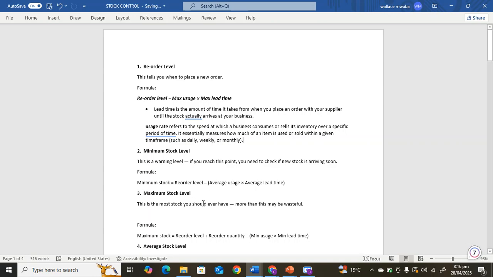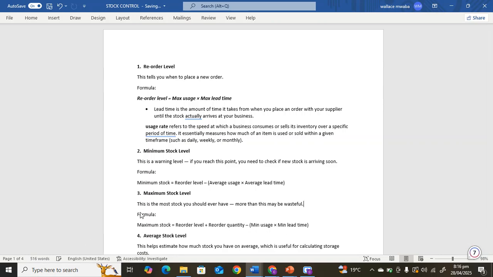Then your average stock level, this is basically on average how many goods you have within your shop, of the good that you're selling. How much you're expected to have on a daily basis. That's the average stock level. There's also this term here, usage.